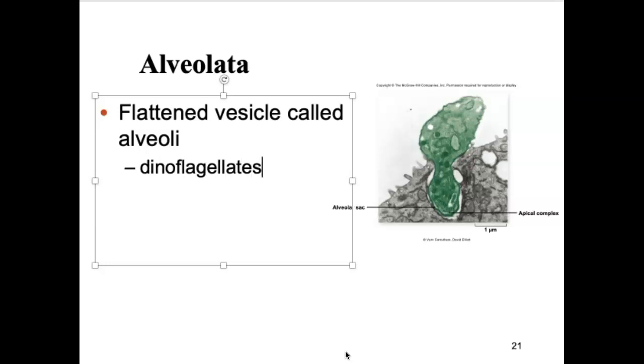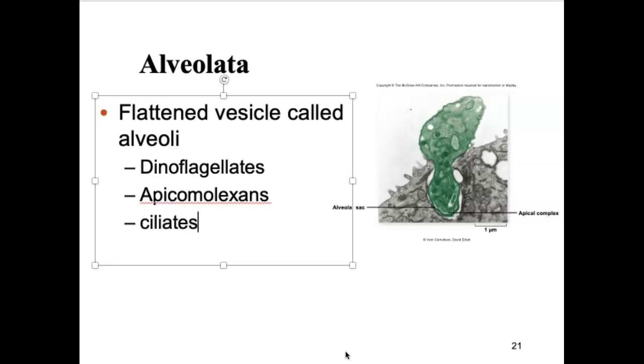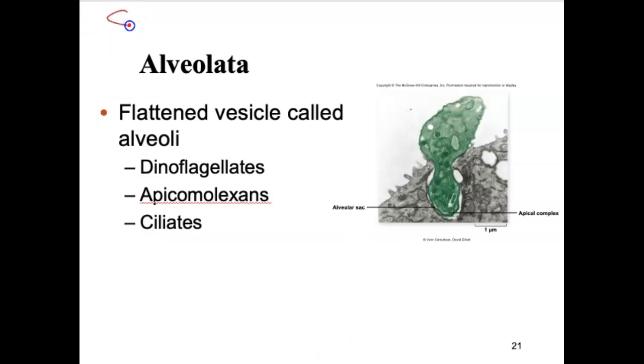Within the alveolata will be dinoflagellates, the apicomplexans, and the ciliates. Those are going to be the three subcategories of alveolata. So you can remember, alveolata is part of, oh, there's my terrible writing, supergroup chromoalveolates.